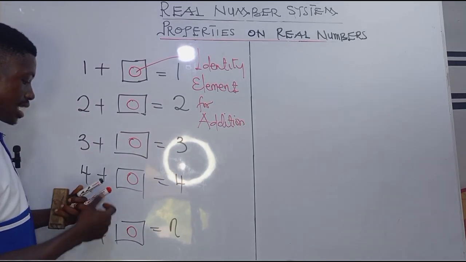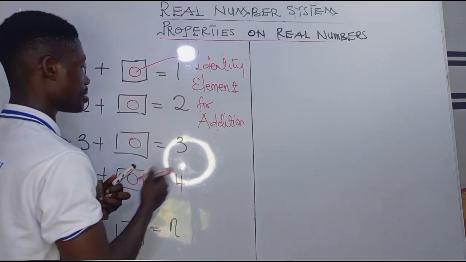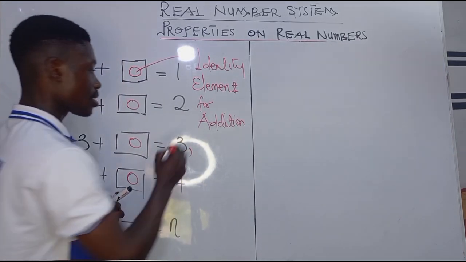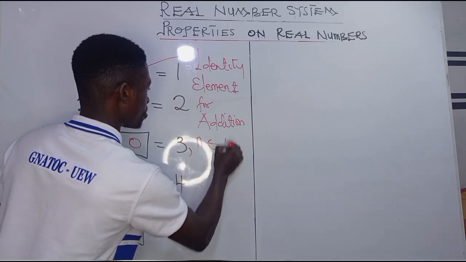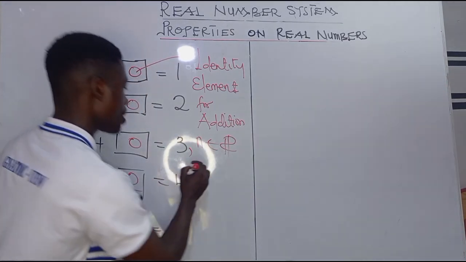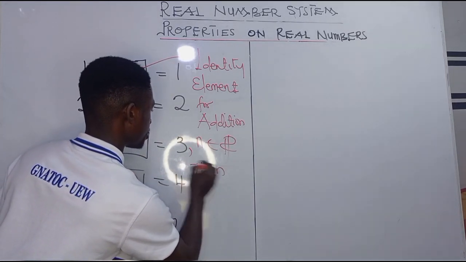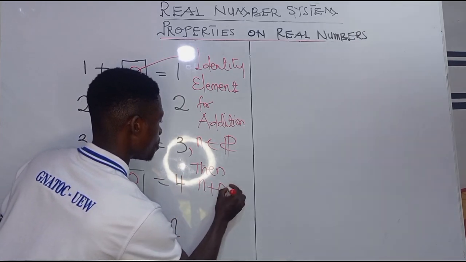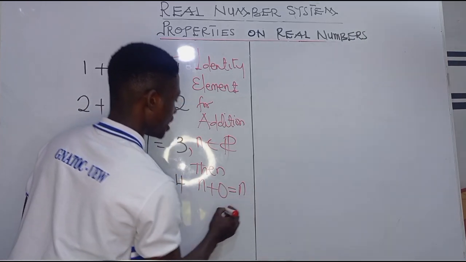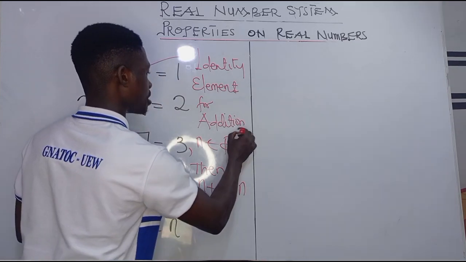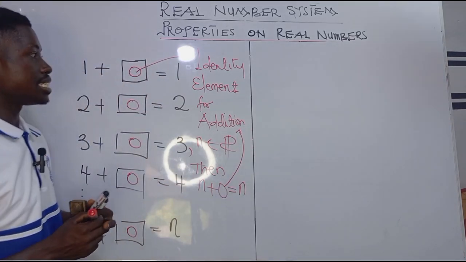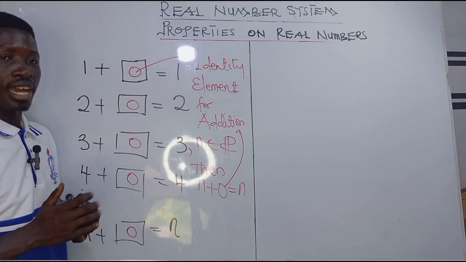So if you pick any number n from the set of real numbers, then n plus 0 is equal to what? n.